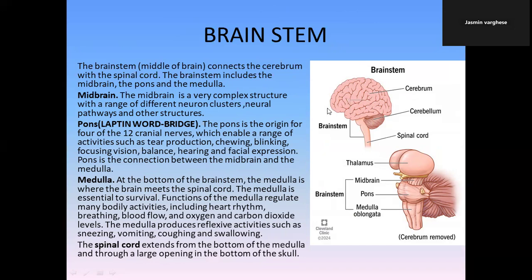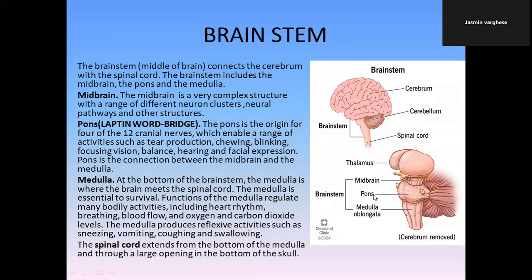Midbrain is a very complex structure with a range of different neuron clusters, neuron pathways and other structures. That is the first part of the brainstem. The second, or middle, part is pons. Pons means bridge, that is a Latin word.